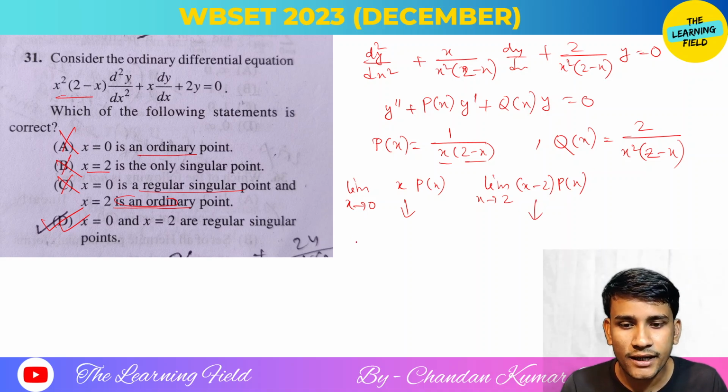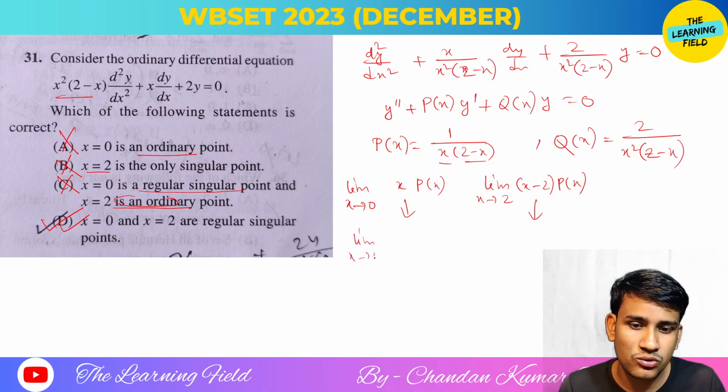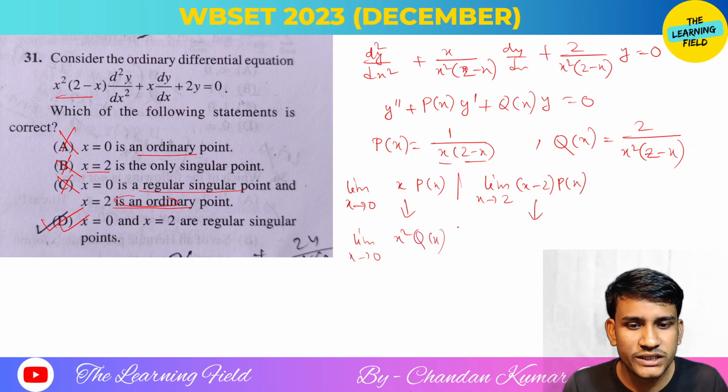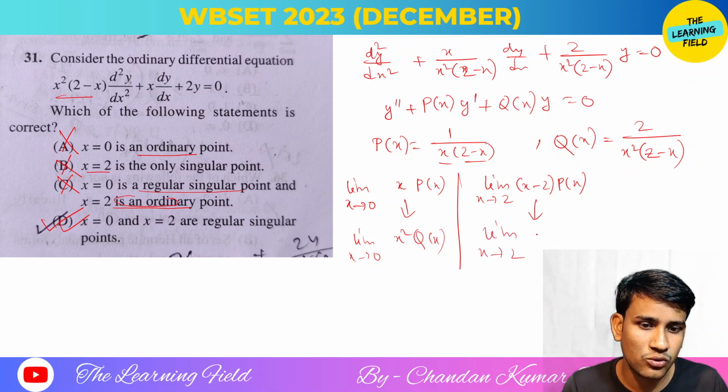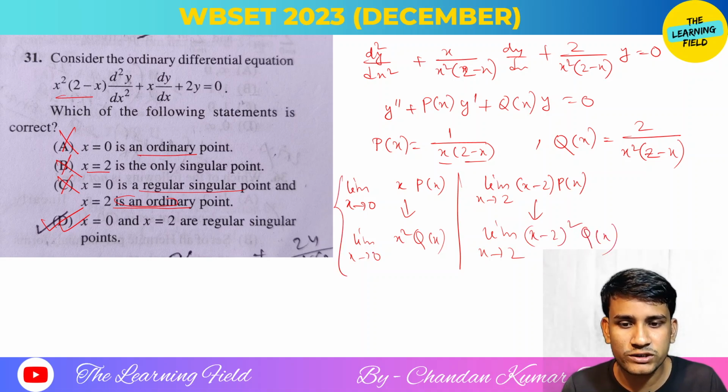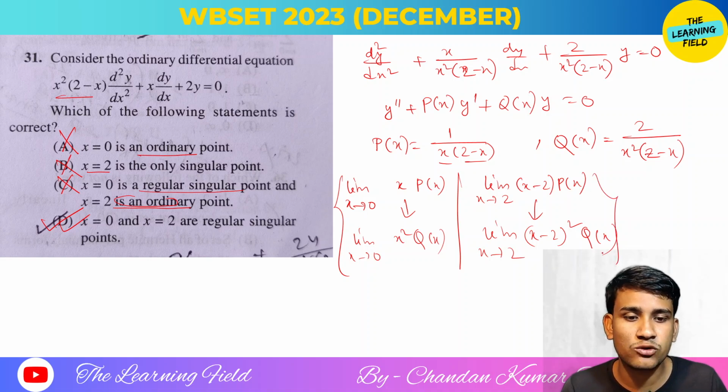Similarly, the limit as x tends to 0 of x squared q(x) for 0, and the limit as x tends to 2 of (x minus 2) whole squared into q(x). If this limit exists, then 0 is a regular singular point, and if this limit exists, then 2 is a regular singular point.